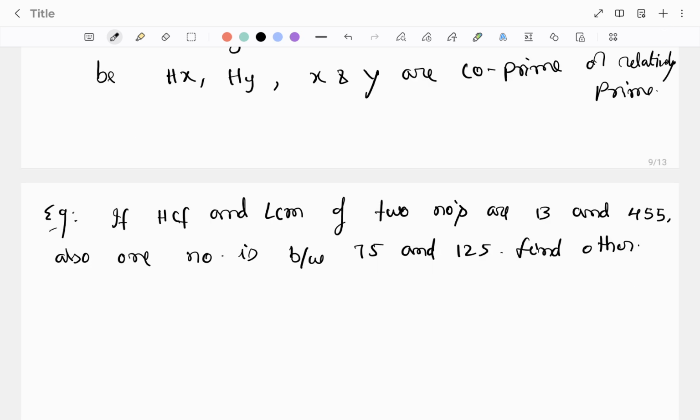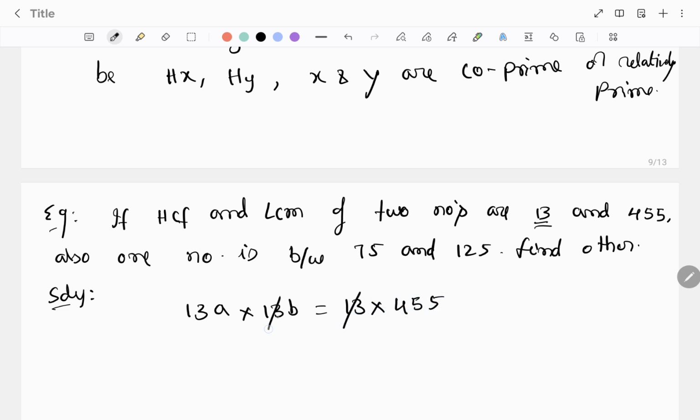Okay. The question is: HCF and LCM of two numbers are 13 and 455. One more piece of information is that one number is between 75 and 125. Find the other. Okay, so if 13 is the HCF given, then the numbers are 13a and 13b, and their product will be equal to the product of their HCF and LCM.